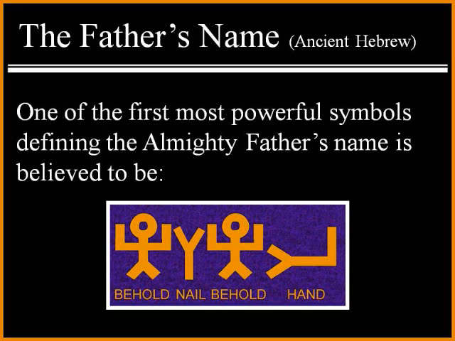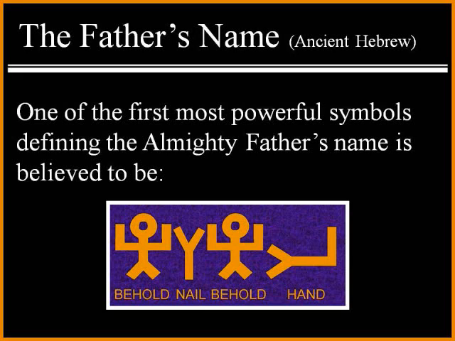As you can see, this represents the ancient symbol for the Father's name. And as time progressed, many of us are not aware that this represented the Father, the Almighty Yahuah's name in ancient Hebrew form.